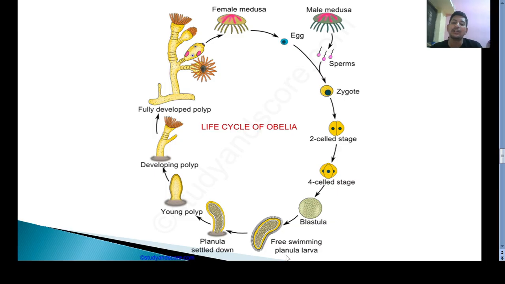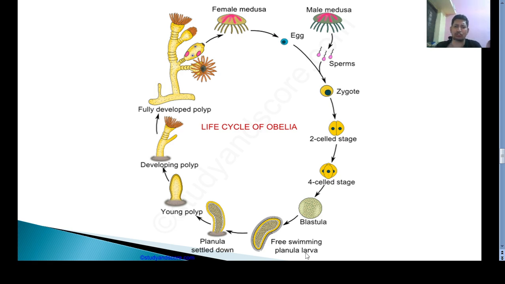Okay, now so this planula is a free swimming stage and it will move in the water. Since it is swimming, it develops cilia, so it can move from one place to another place.